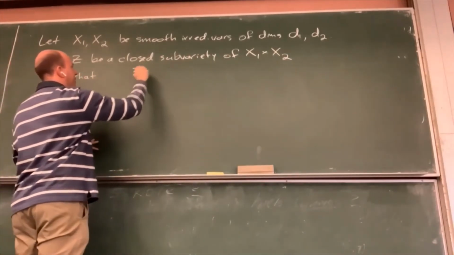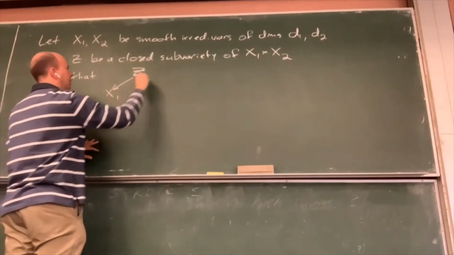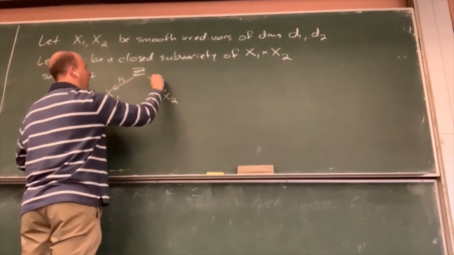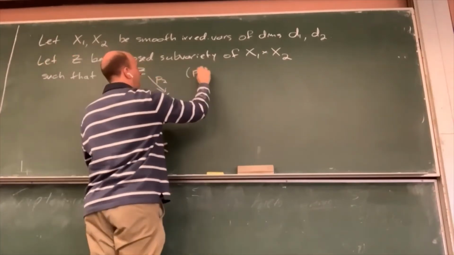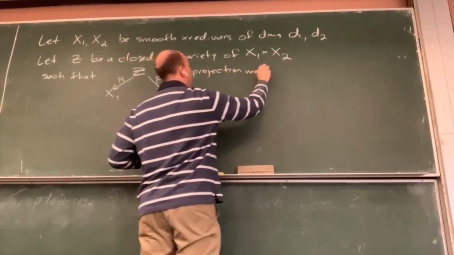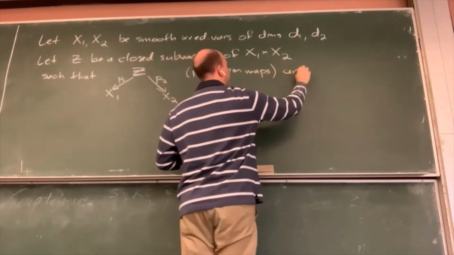Such that the projection maps from Z to X1 and X2, which I'll just call P1 and P2, are proper.